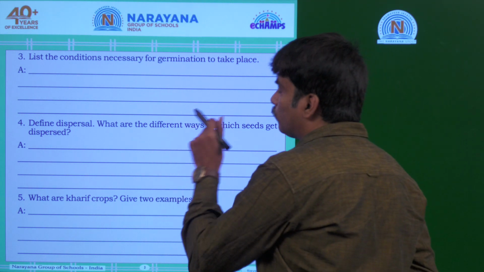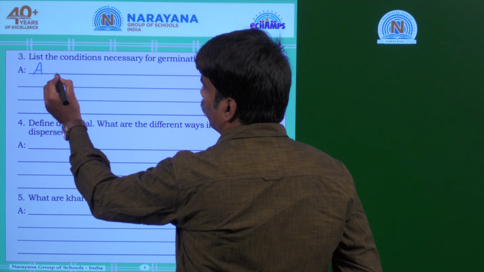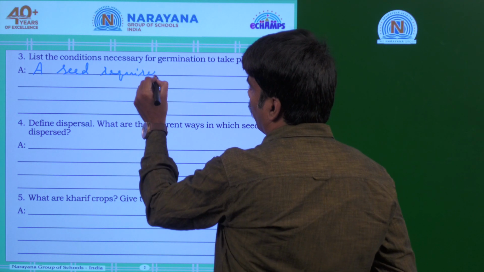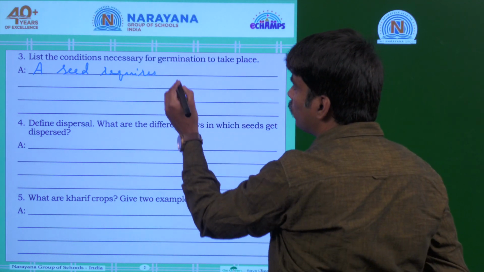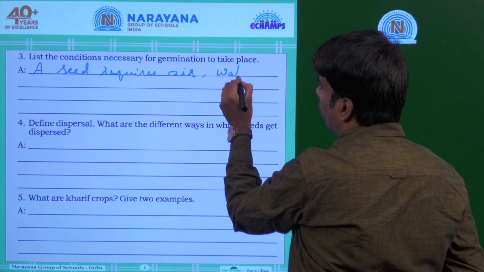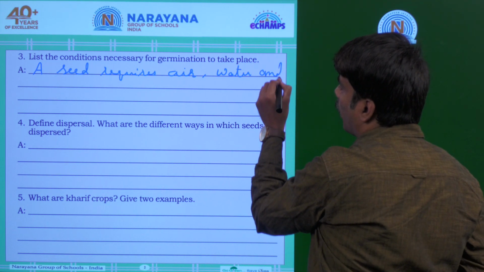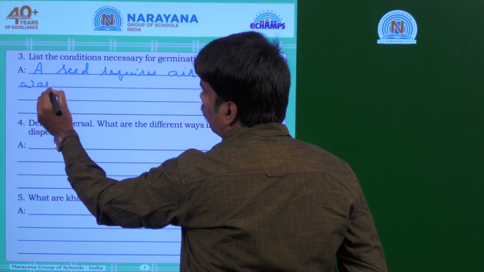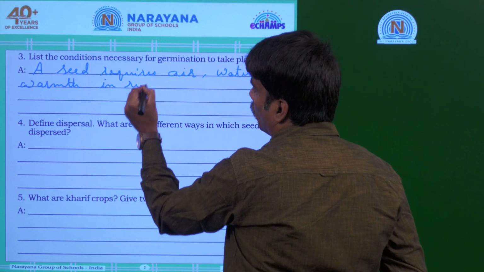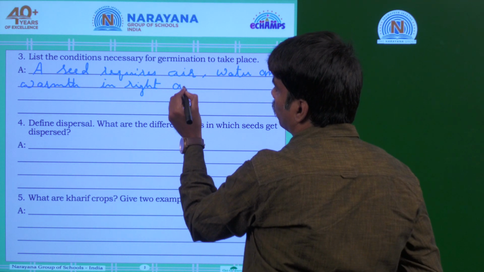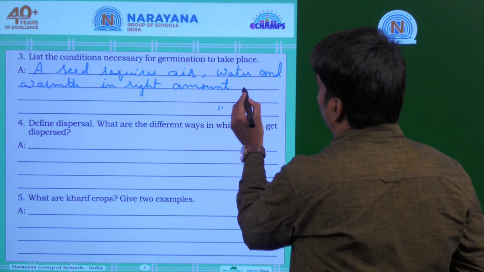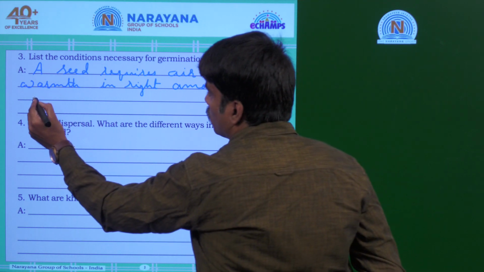A seed requires air, water and warmth in the right amounts, that is, in proper amounts, to germinate.